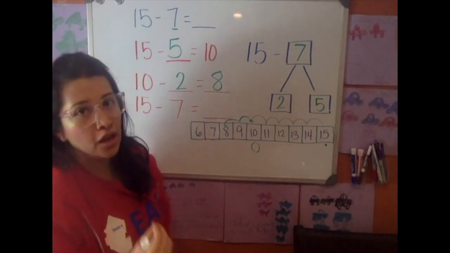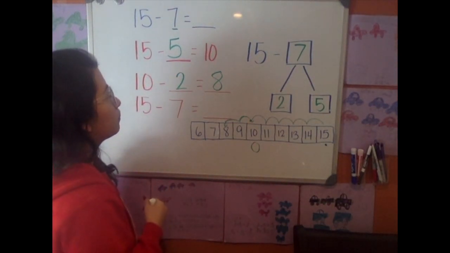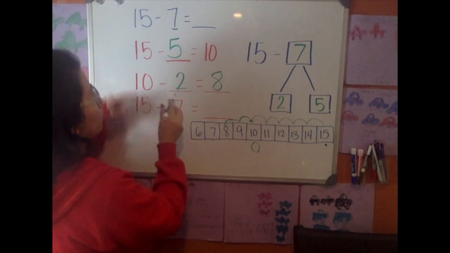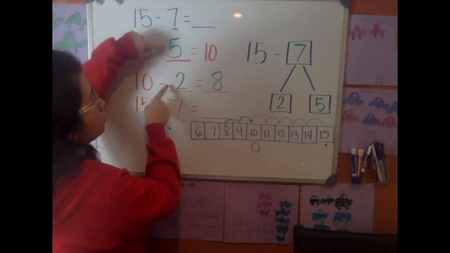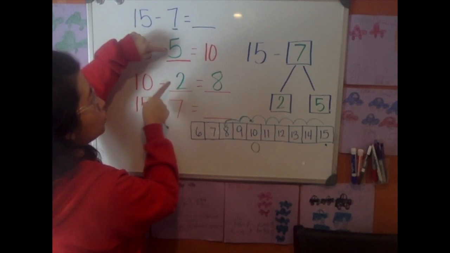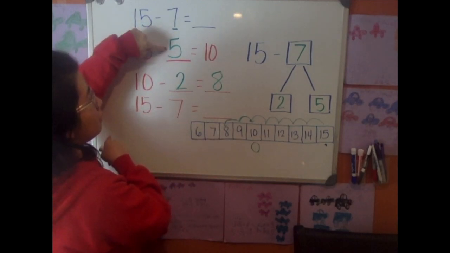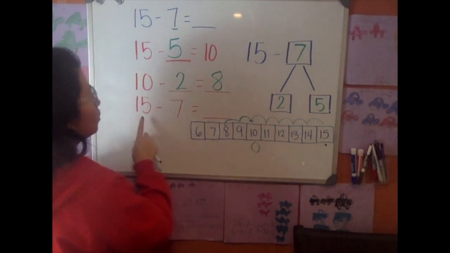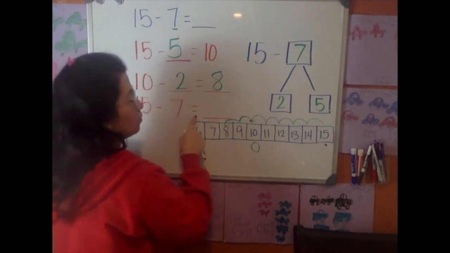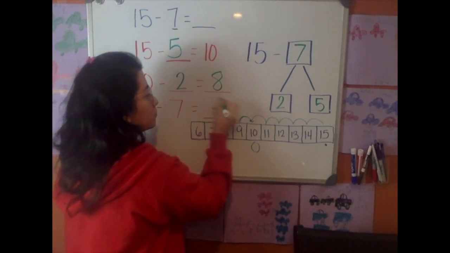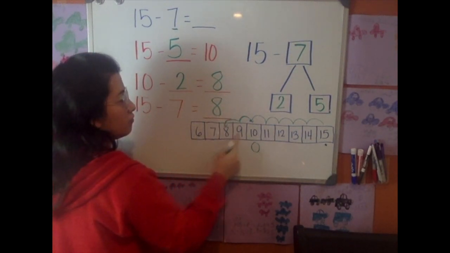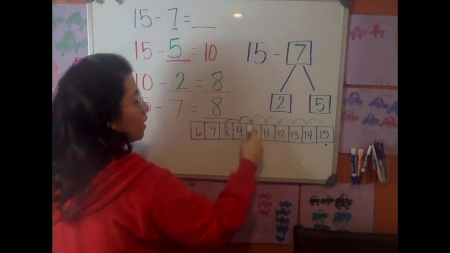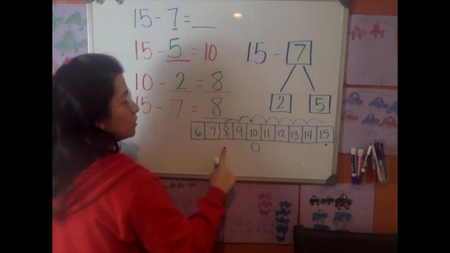And then this is the other part of what it's asking you to do. It's telling you that now that you have the answer, you did it in 2 different ways. You subtracted 7 using 2 numbers. You subtracted 5 first, and then you subtracted 2. Now you know that 15 minus 7 equals 8. Just like here, 15 minus 7, 1, 2, 3, 4, 5, 6, 7 equals 8.